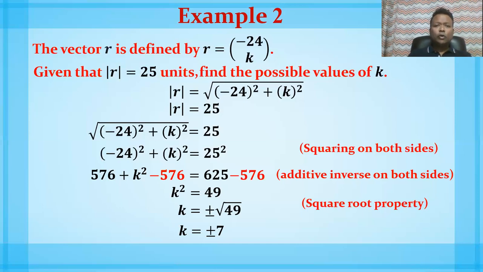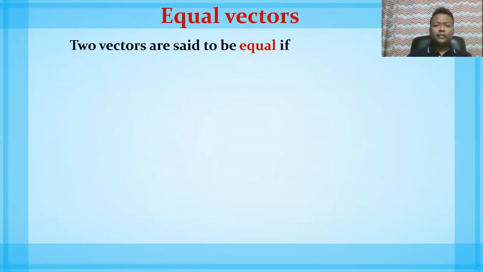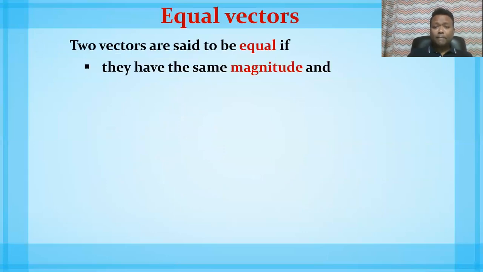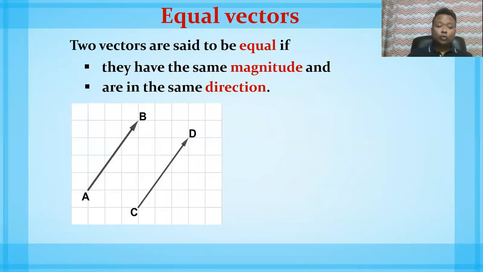Students, now you are going to learn about equal vectors. Two vectors are equal if they have the same magnitude and are in the same direction. Consider two vectors AB and CD drawn on a grid.